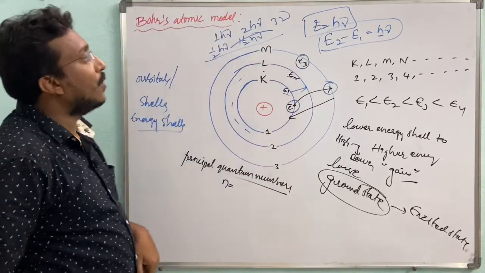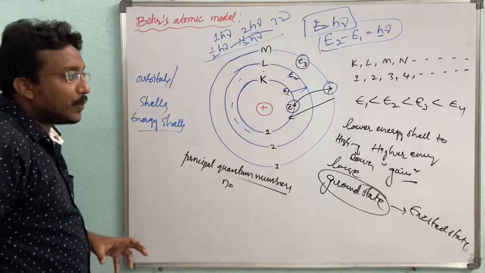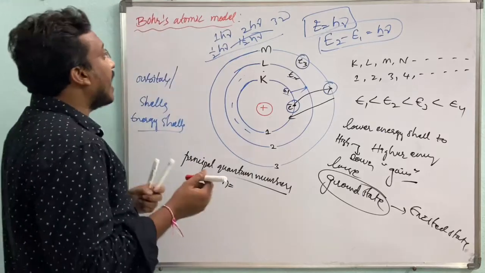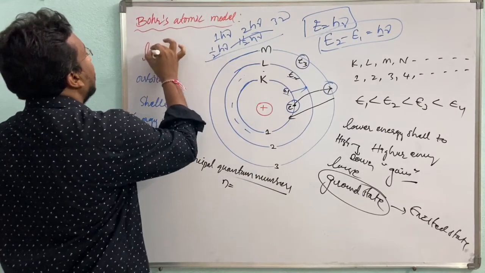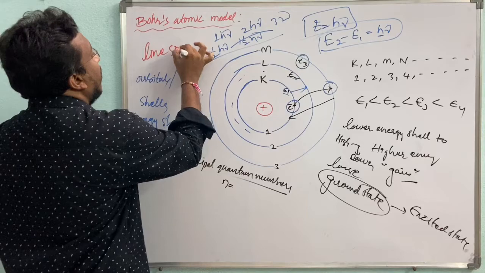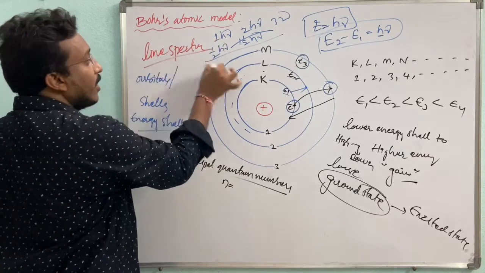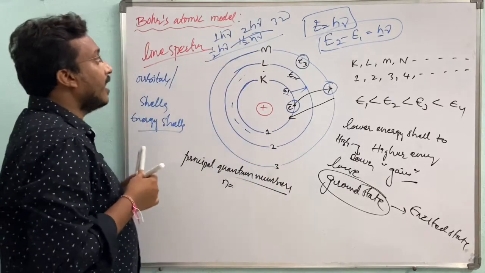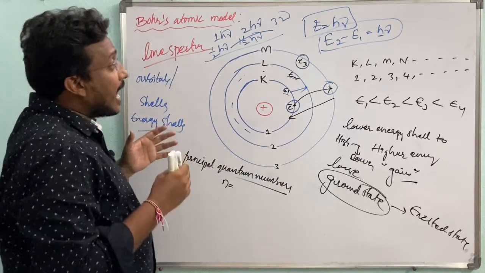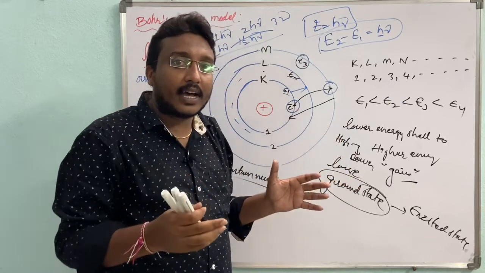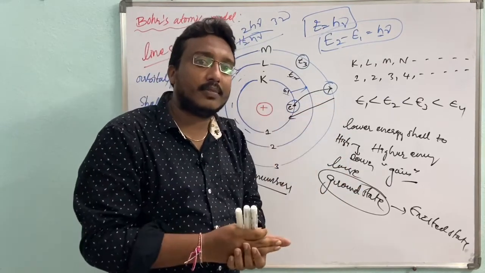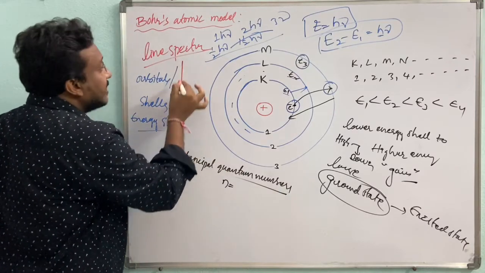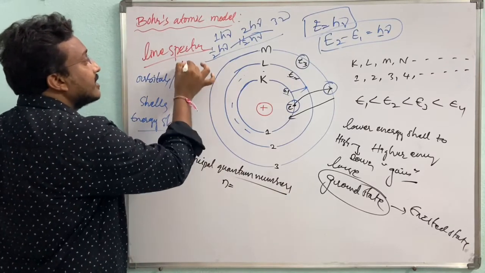Also, Bohr's atomic model successfully explained the line spectra of the hydrogen atom. But when the line spectra was observed with a high resolution spectrum, it showed thin lines. One color consists of again thin lines.